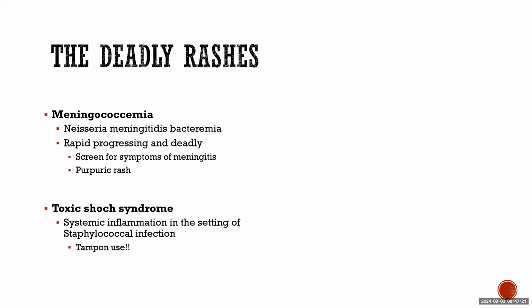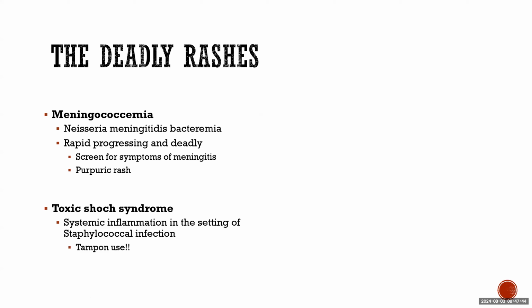In rural areas in Vietnam, you might see this a lot. It's caused by Neisseria meningitidis bacteremia. It progresses rapidly and is very deadly. Usually by the time you start seeing this rash, the patient is going to go into shock very soon after. So you need to be able to recognize it.